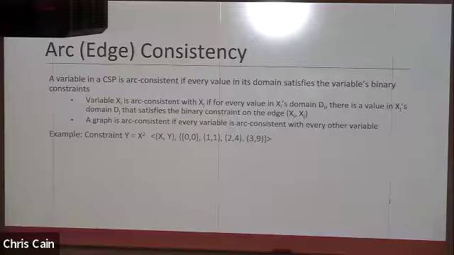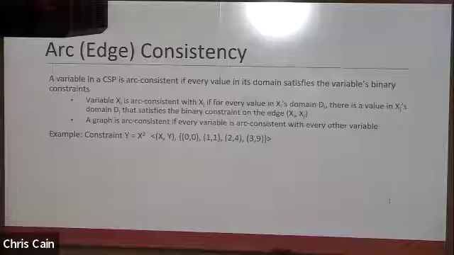As an example, we could put a constraint on two variables x and y, such that y equals x squared. So now we've reduced the space such that for every possible value of x, there's an associated value of y. So for every possible value of y, there's an associated value of x.